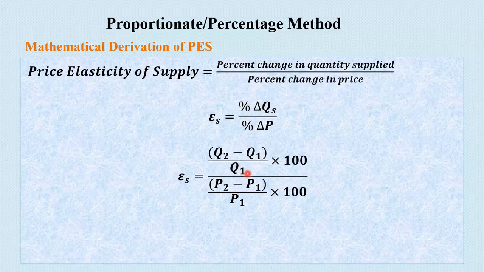Q1 is the initial quantity, Q2 is the current quantity. We can write it like that: current quantity minus initial quantity divided by initial quantity multiplied by 100. Similarly, current price minus initial price divided by initial price multiplied by 100.